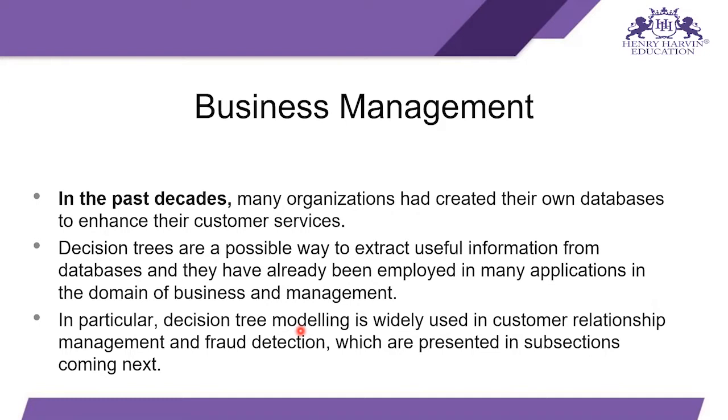So also for fraud detection, like credit card fraud and other frauds, and customer relationship management, like whether the customer is feeling good with us or not, whether the customer is satisfied or not, this decision tree algorithm is very useful to predict that and to solve these problems.